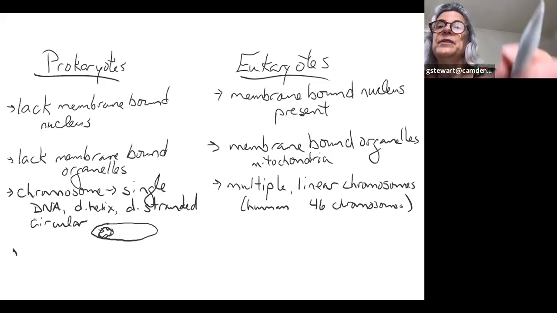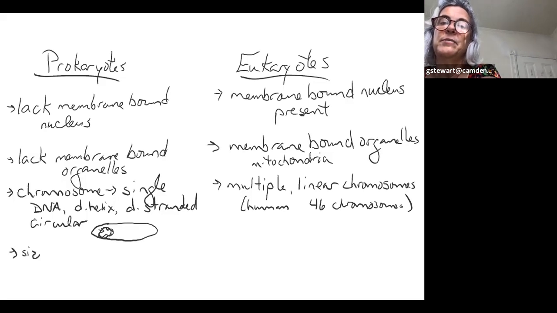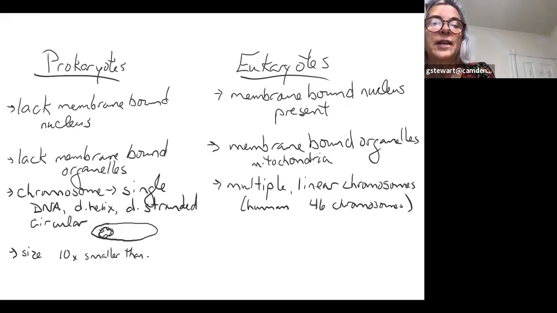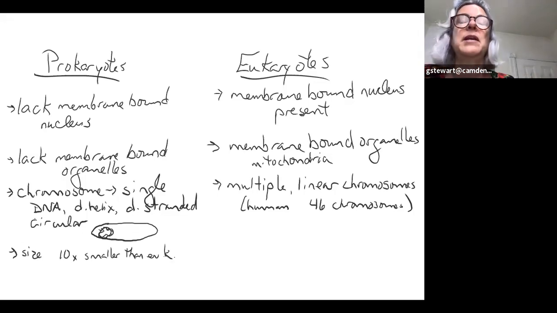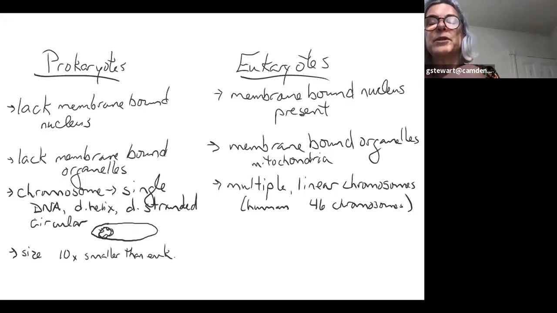Another major difference that people often bring up is the size, right? Prokaryotes tend to be about 10 times smaller than eukaryotes. So I'm going to write that, 10 times smaller than eukaryotes. And we alluded to that a little bit on our last meeting on Monday when we were looking at the sizes of things in a microscope and what we could see with a compound bright field microscope compared to an electron microscope.